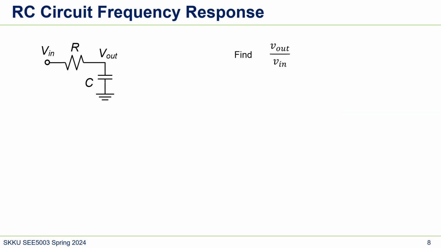Let's see the frequency response of a simple RC circuit. We try to find this V out over V in, and we can just use a resistive divider.